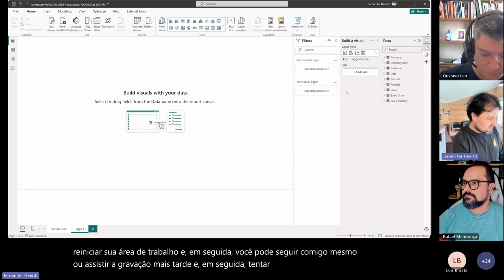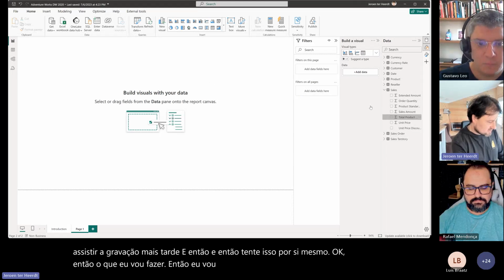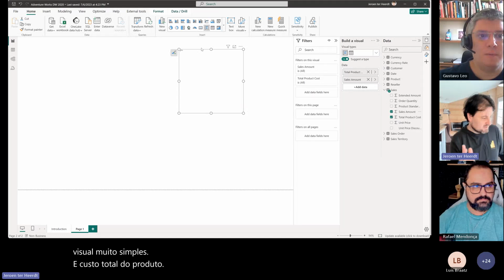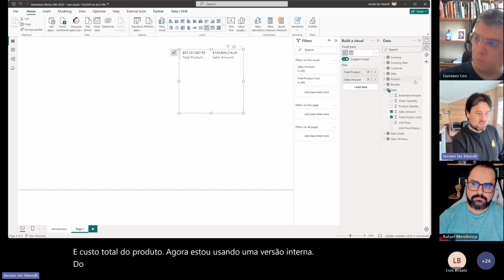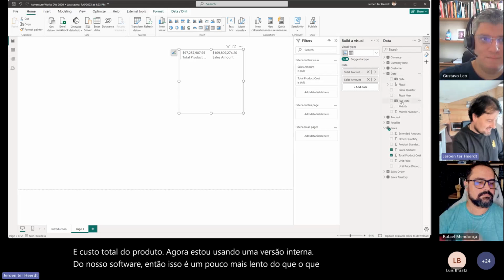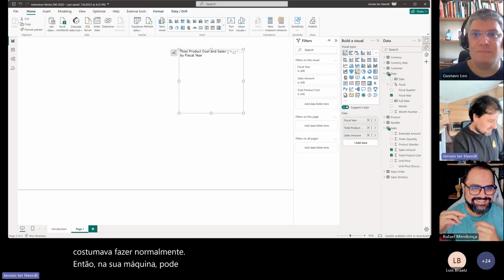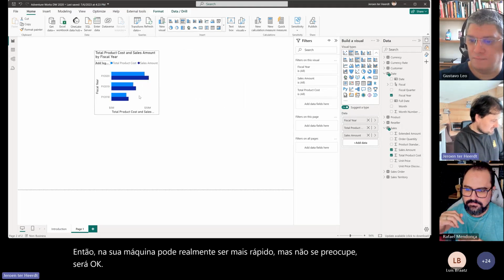Okay. So I'm going to build a very simple visual: sales amount and total product cost. I'm using an internal version of our software, so this is a little bit slower than what you're used to. On your machine it might actually be faster, but don't worry, it will be okay. It's nothing special.